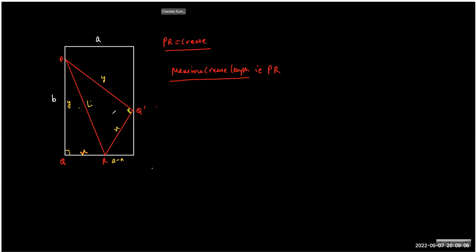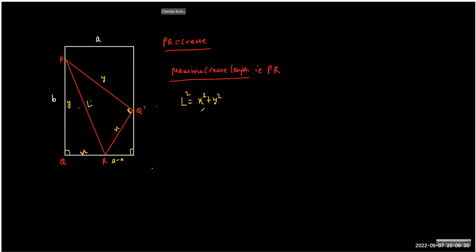How to express the L such that it can be maximized? So that is the question. And the L is basically, if you look carefully, again x square plus y square. So I want to maximize the L square.